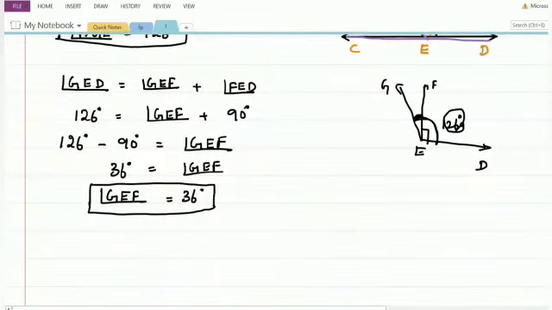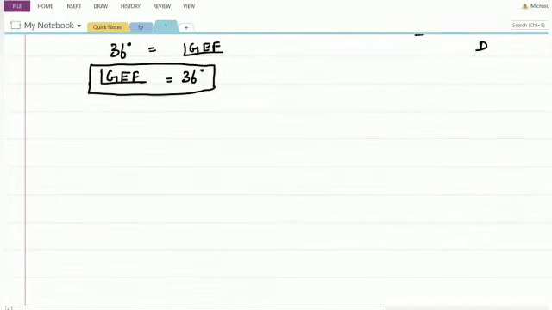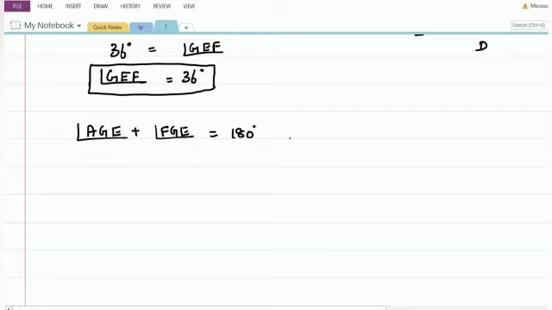So let us write what it is. Angle AGE plus angle FGE equal to 180 degree because linear pair. So we know what AGE is. Just now we have found it as 126 degree plus angle FGE.